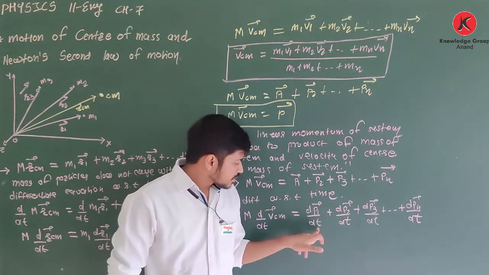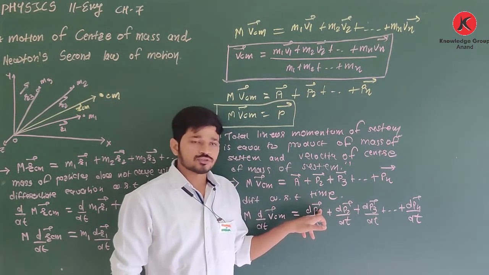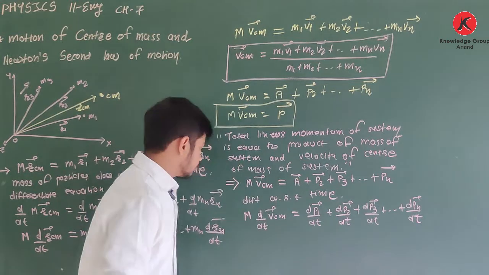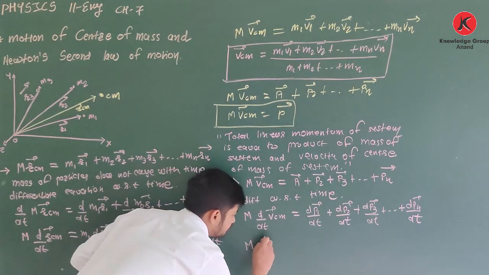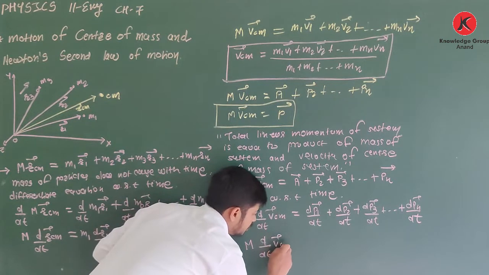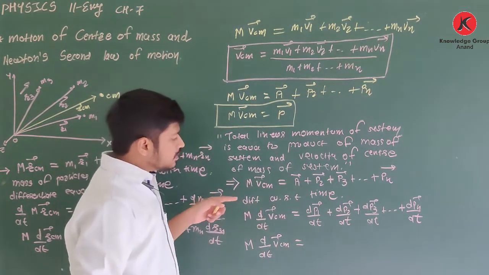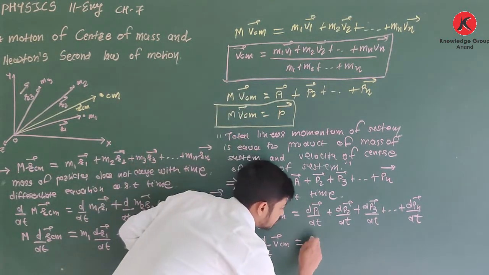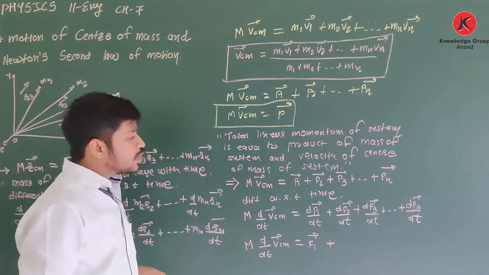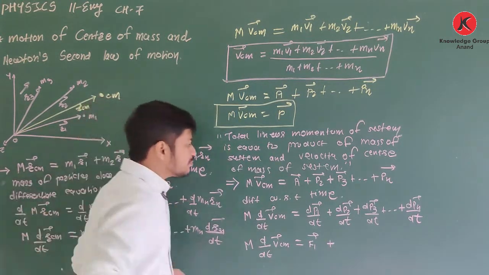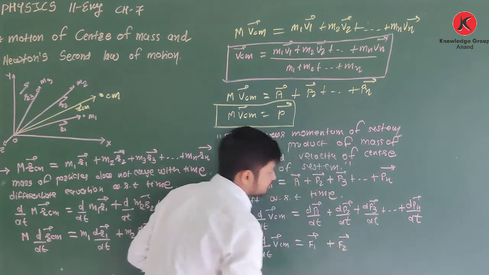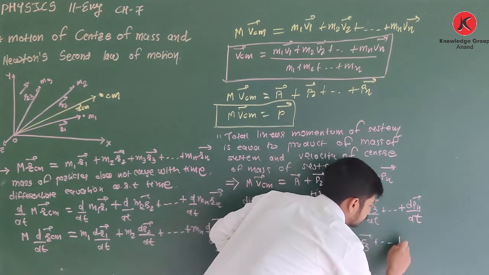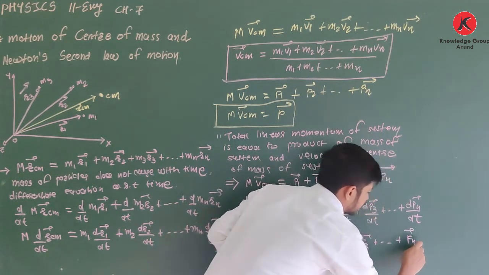Now we know that rate of change of momentum is called force. So here I can write this equation as m d by dt of v center of mass is equal to dp1 by dt, the rate of change of momentum of the first particle, which means the force acting on the first particle, F1, plus dp2 by dt, the rate of change of momentum of the second particle, which is F2, plus dp3 by dt, the force F3, and so on.